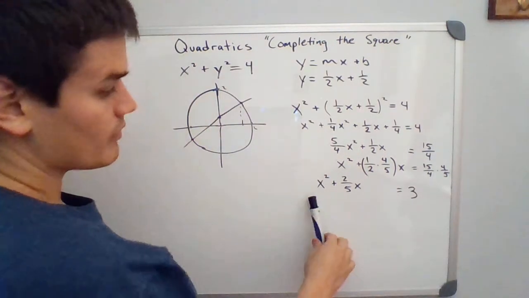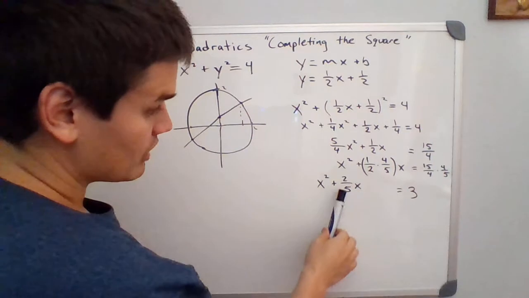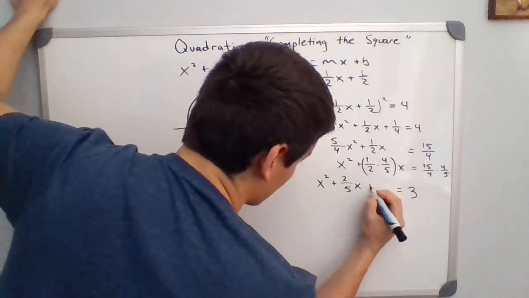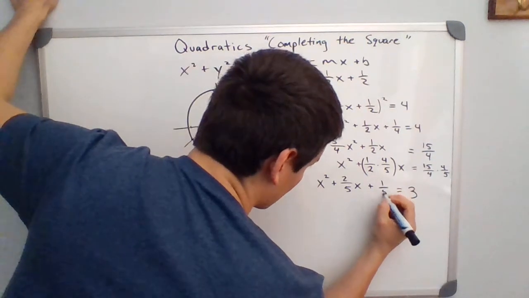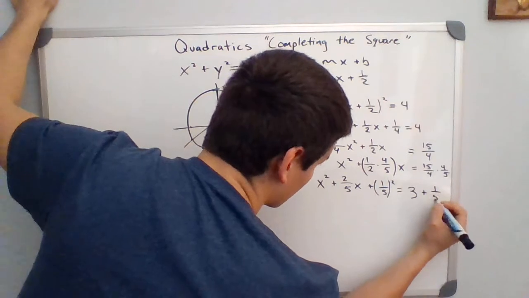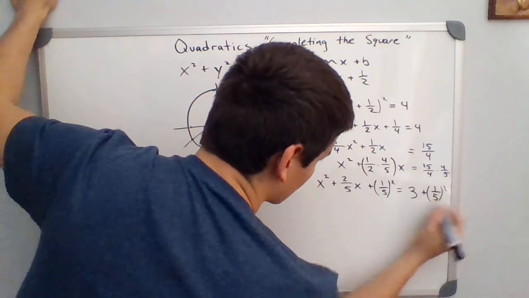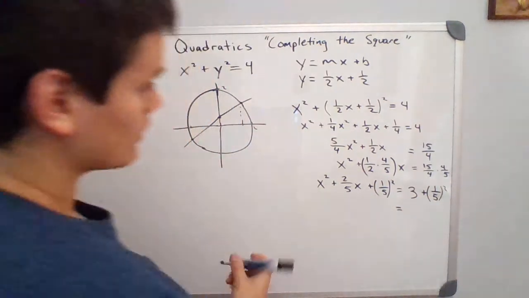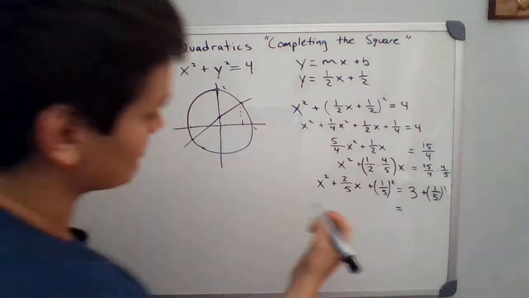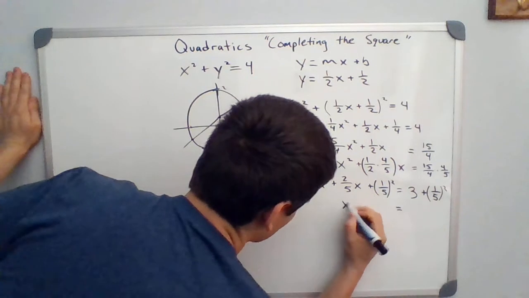Okay, so now from here I can complete the square. I want to divide that by 2, which is going to give me 1/5. So I'm going to add 1/5 squared to each side. I was worried I would run out of room, but I think I can manage.